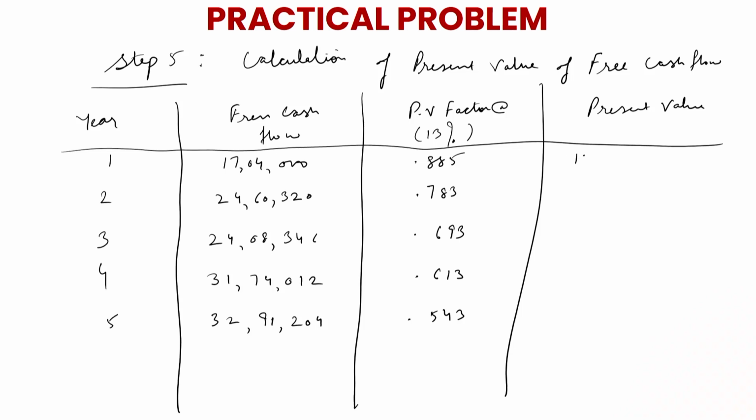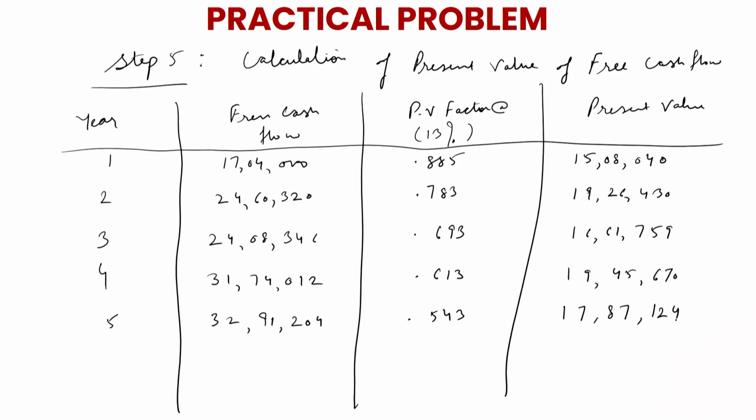So we got the figure of 15,08,040 rupees, 19,26,430, 16,61,759, 19,45,670, and the last is 17,87,124.